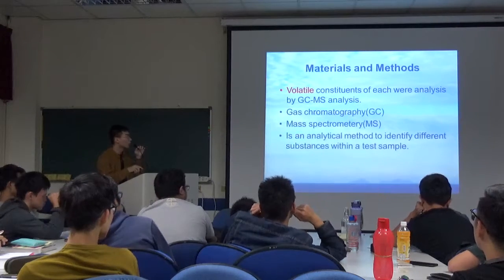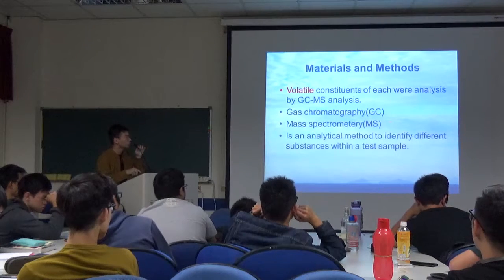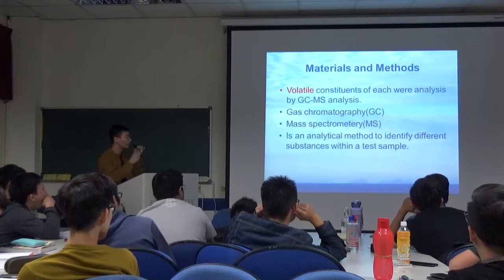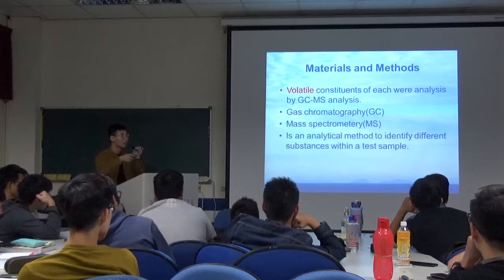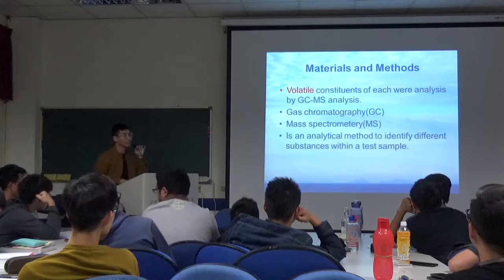GC for gas chromatography and MS for mass spectrometry. It is kind of an analytical method to identify different substances within a test sample. So from the beginning table, you can just see every single component of the essential oil.